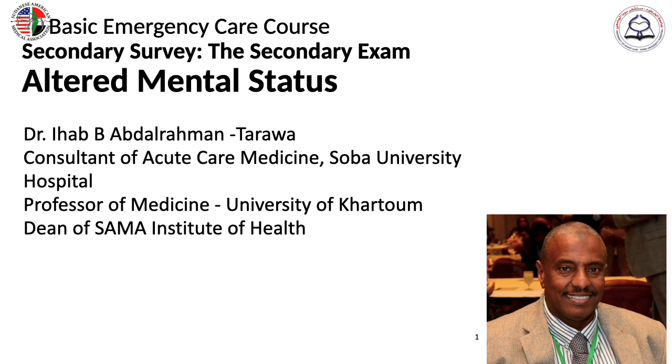We are still doing our session on the basic emergency care course. This session is about altered mental status, and here we are going to discuss secondary survey and examination. We discussed the SAMPLE history in the previous session.